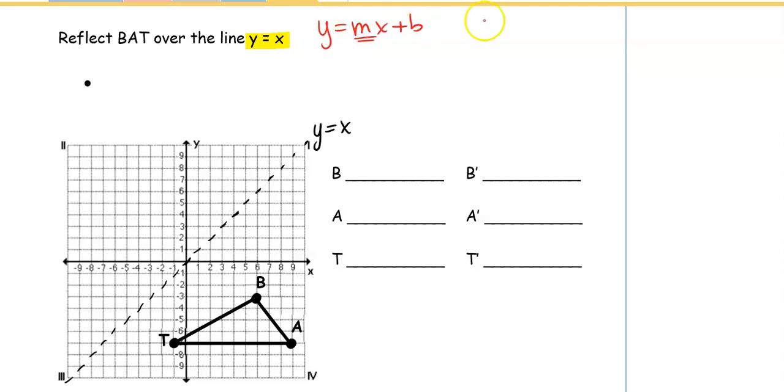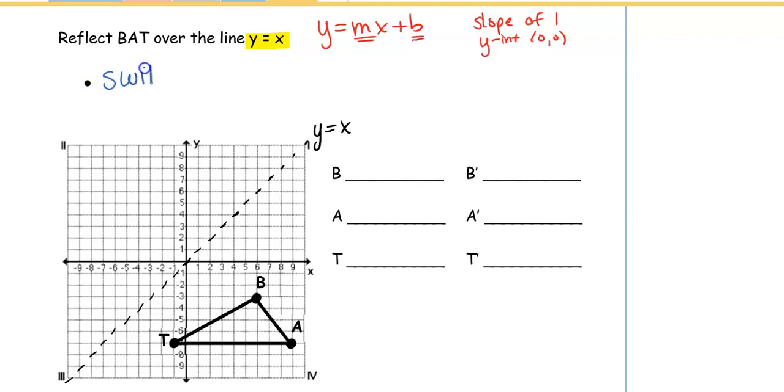The m here is 1, slope of 1. And the b is 0. That means we have a y-intercept of 0, 0. So from here, 0, 0, we count up 1, right 1, up 1, right 1. There's your diagonal line.